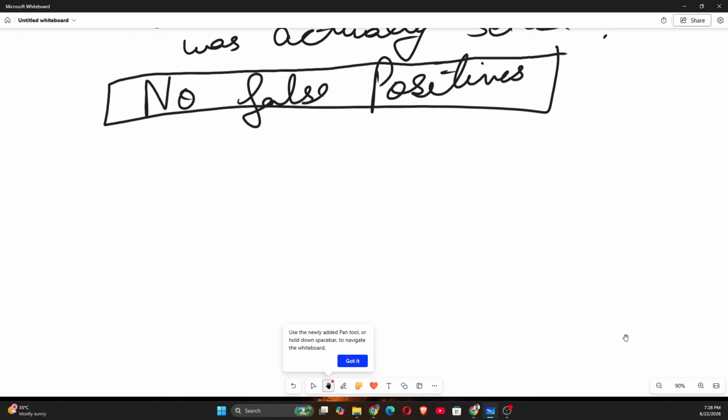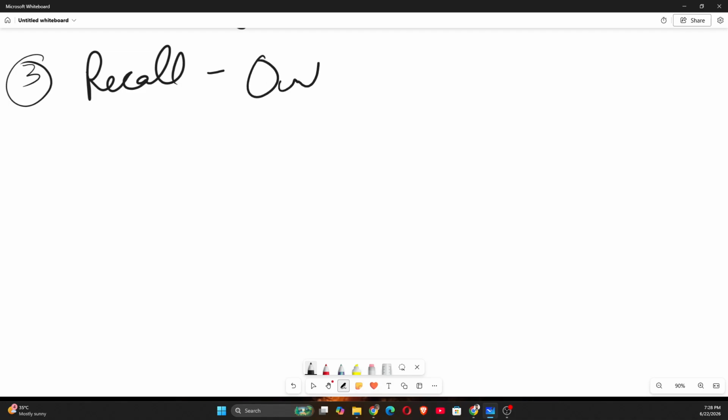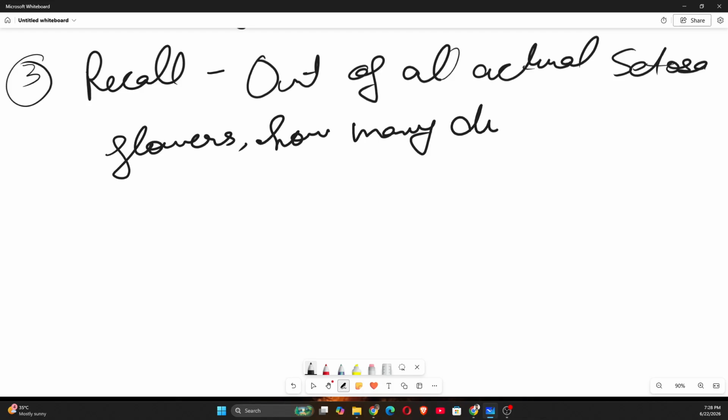Now next we will be coming on recall. What does recall mean? Out of all actual Setosa flowers, how many did we find? Understand precision and recall, very important, because from these two only F1 is calculated, and that is the main thing.